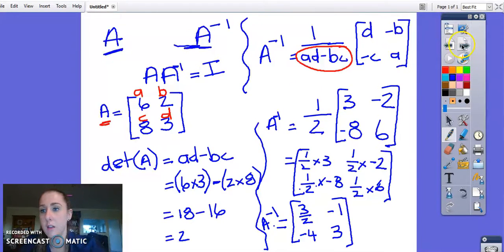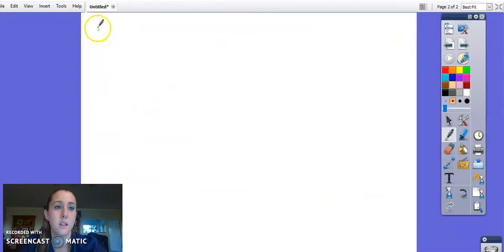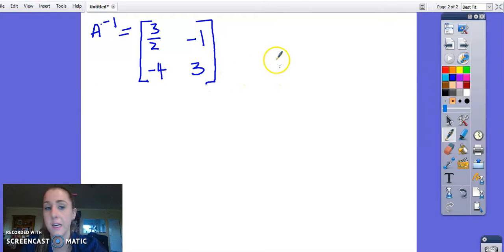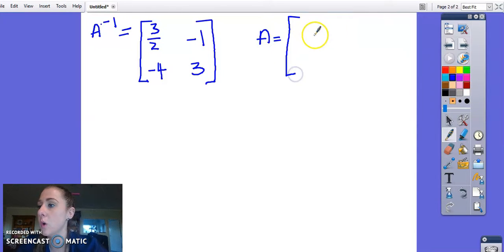Our inverse matrix, I'm going to rewrite it, was equal to 3 on 2, negative 1, negative 4, and 3. Sorry, I've got to keep looking in my book of notes, because I've gotten rid of my other slide now. So that's our inverse, and we remember our original matrix A was 6, 2, 8, 3.